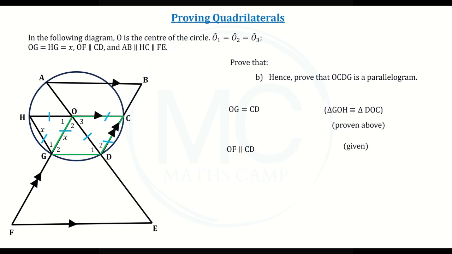Therefore, we can see that OG that sits on OF must be parallel to CD as well. Now we have two opposite sides that are equal and parallel. So as our final answer, we can say OCDG is a parallelogram because one pair of opposite sides are equal and parallel.